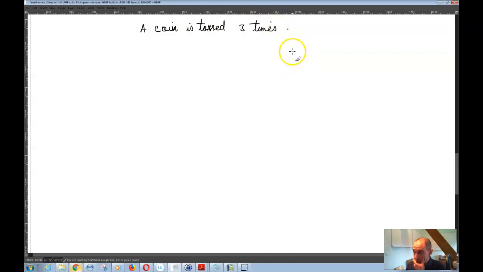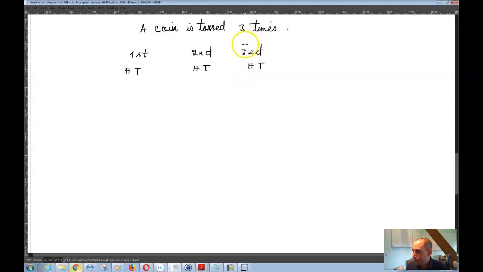If a coin is tossed 3 times, that means you have a first time, a second time, and a third time. The first time you could get heads or tails, the second time you could get heads or tails, the third time you could get heads or tails. There is no other possibility.